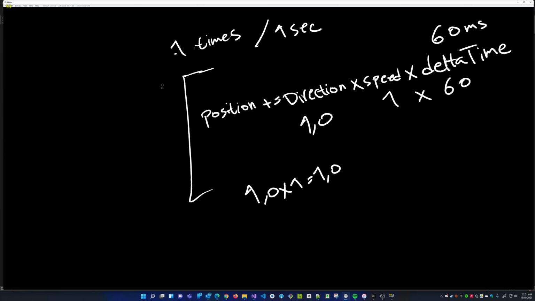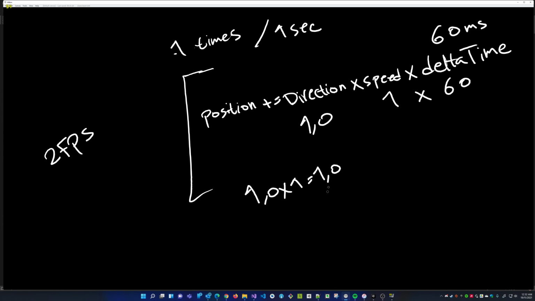However, if my frame rate is extremely low, this number will be high. So let's say I'm rendering 2 frames per second, so I have 2 FPS. That means I have, assuming 60 milliseconds for my delta time, because the lower my frame rate is, the longer it takes to render a single frame.